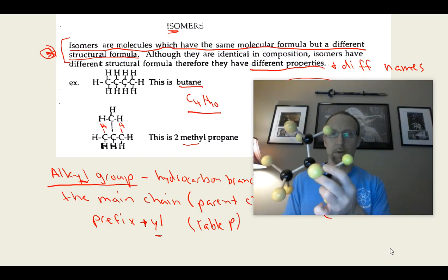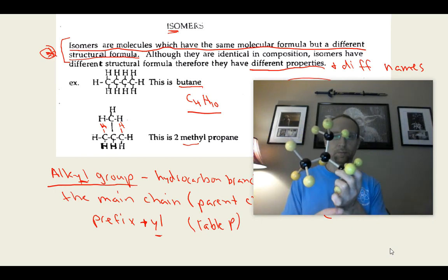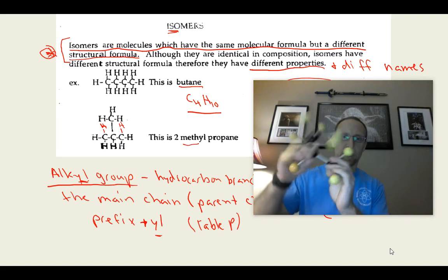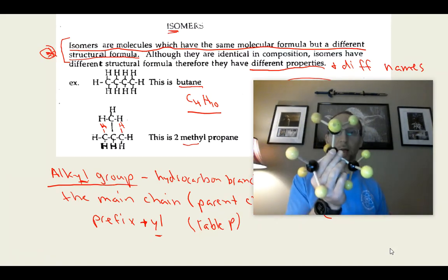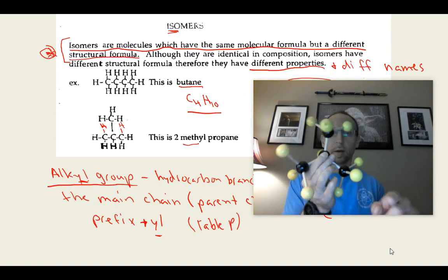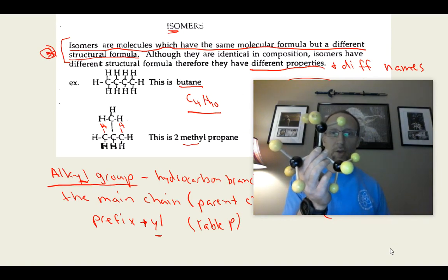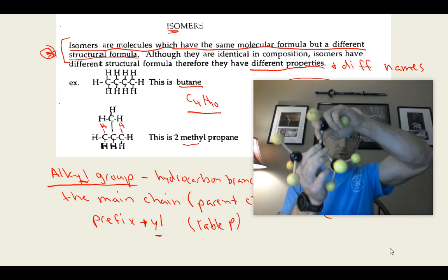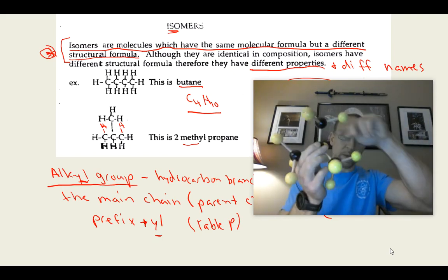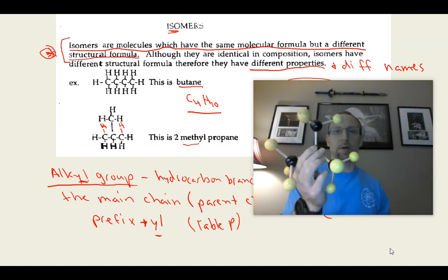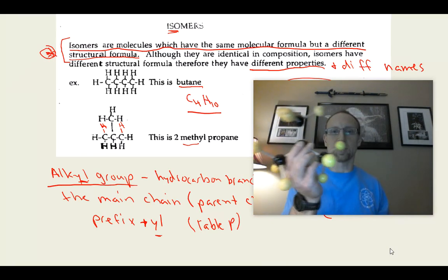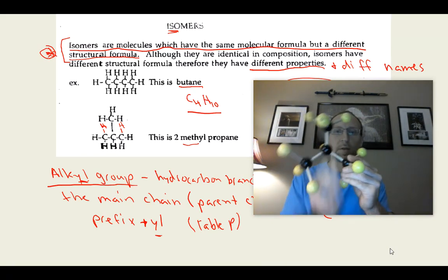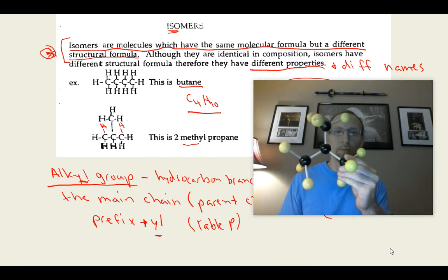All right, so it's different structurally because I can't bend this around. No matter what I do, I can't bend this around to get it back to looking like the straight carbon version of this butane, right? I have to pull this carbon off, break that bond, and move things around. So that is how we know it's not the same thing. It is structurally different, and it is an isomer, right?